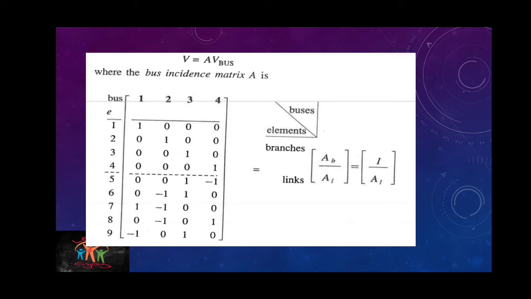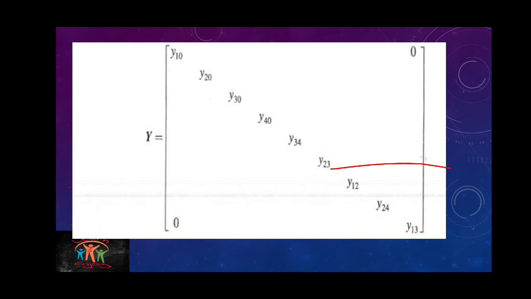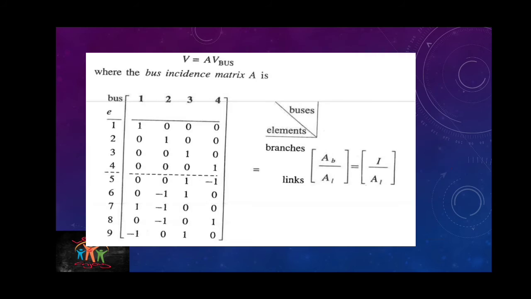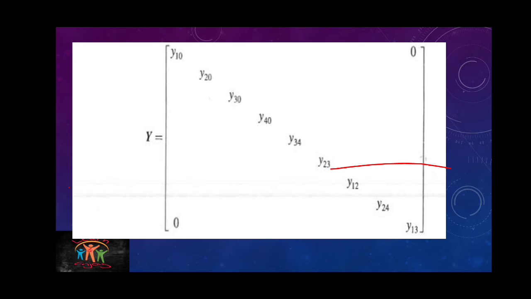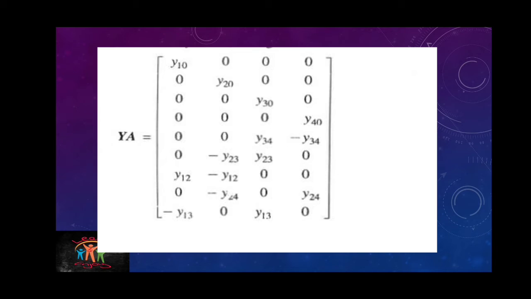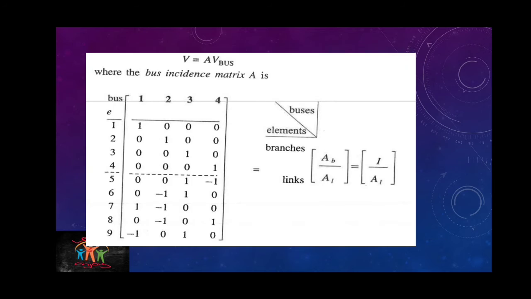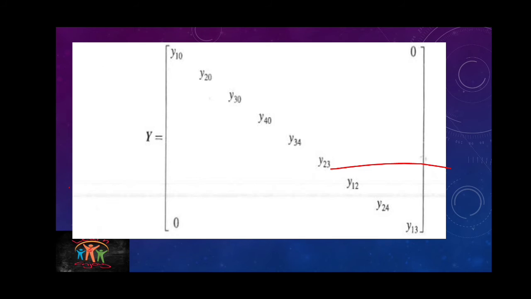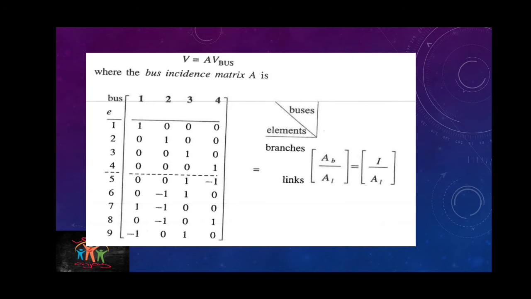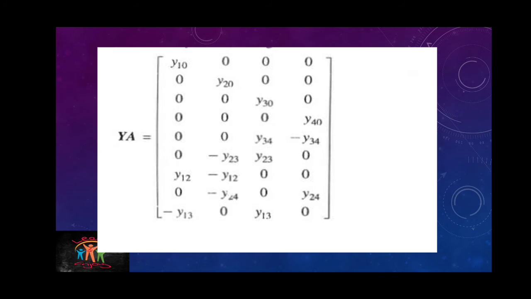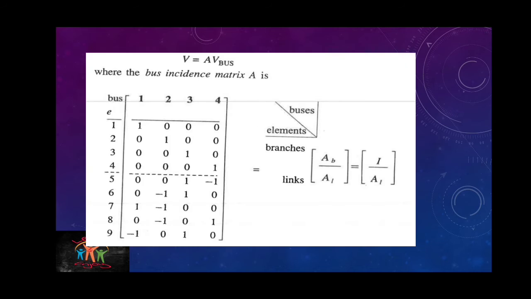You can see y10 into 1, so you can get this y10. Now y20 into 1, so y20; y30 into 1, so you can get y30. Okay, y40 into 1, so you can get y40.